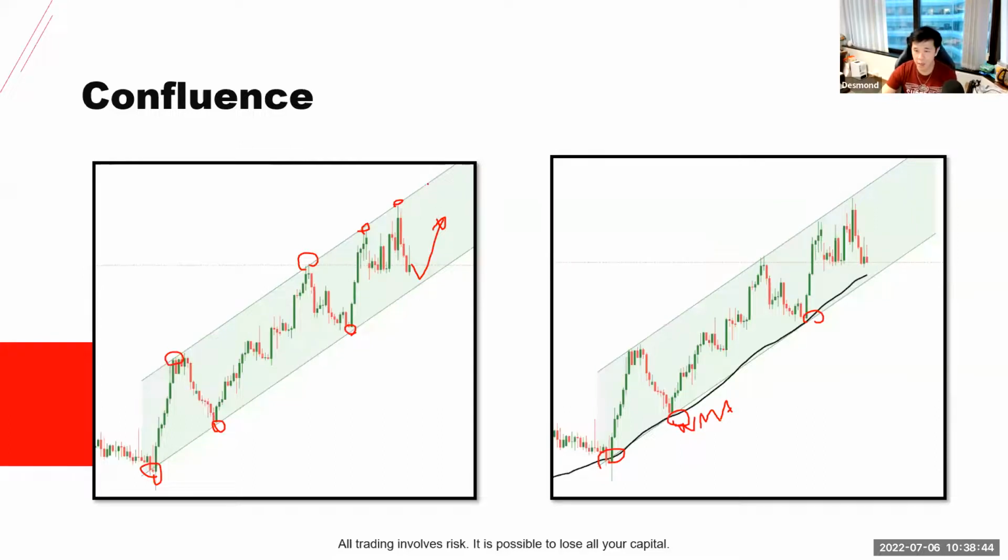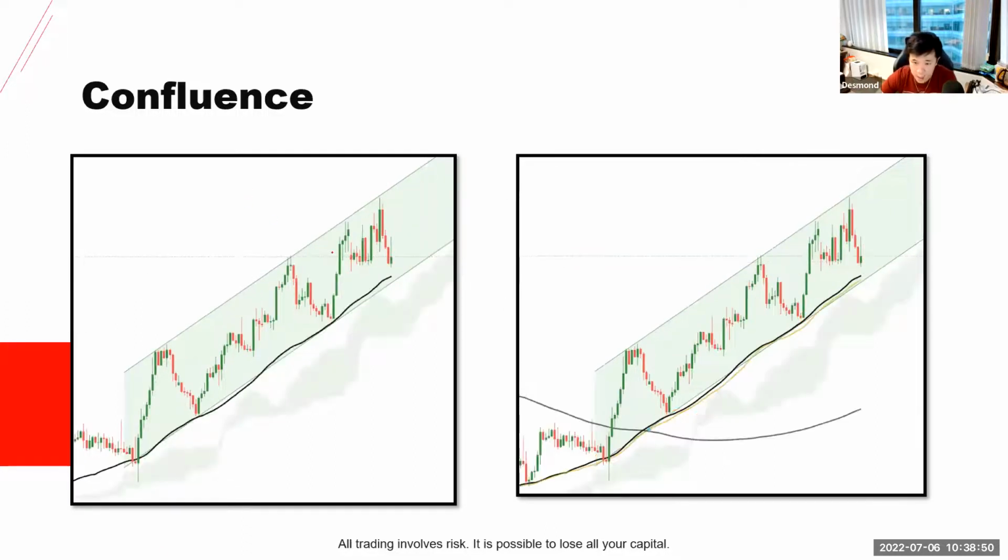Then you go down here, and you have an Ichimoku Cloud, showing that there is not only a channel, and not only a nice little natural moving average supporting price, but you also have an Ichimoku Cloud.